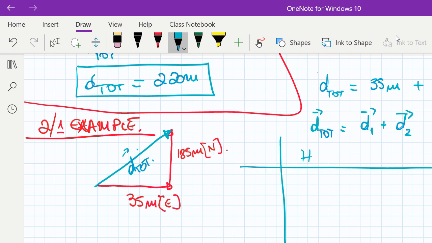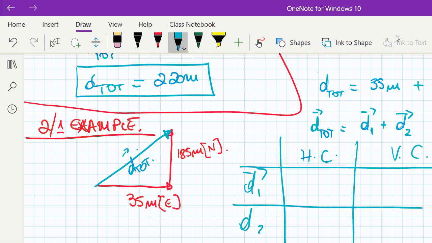So this will be the horizontal component, and this the vertical component, the same as what I was saying regarding that question. So this is D1 and this is D2, and we have the resultant that is D total. The horizontal component will be positive 35, the vertical component will be 0, the horizontal is 0, this is positive 185. So this will be positive 35 and positive 185.